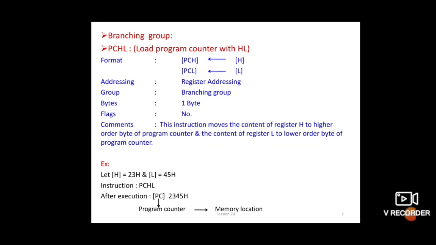What is the function of the program counter? It stores the memory location where the program is stored, the starting location of the program, and it is automatically incremented by 1. Understood this instruction PCHL. Now the branching group is completed.